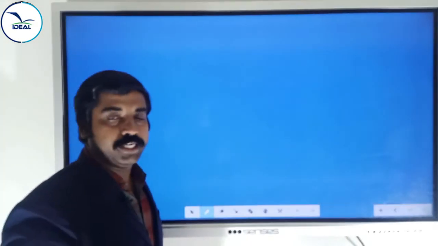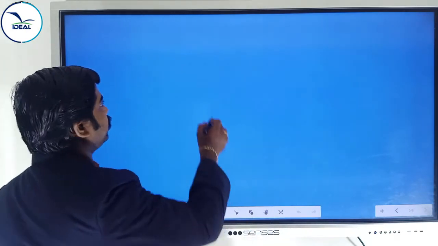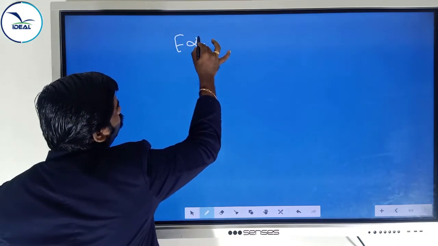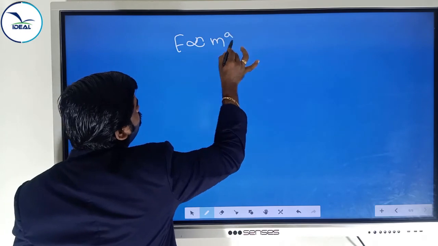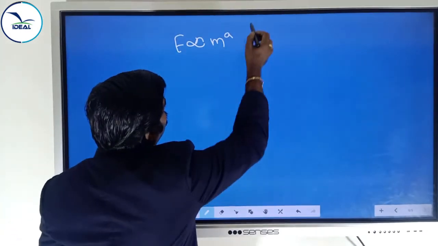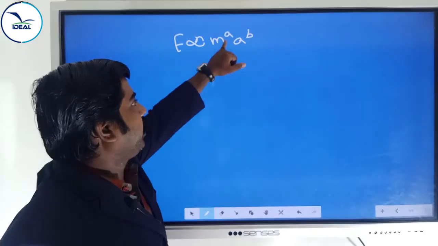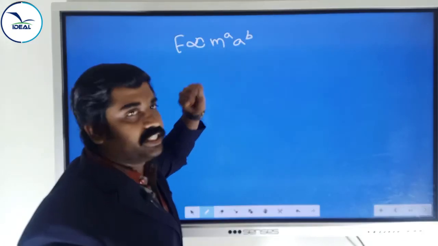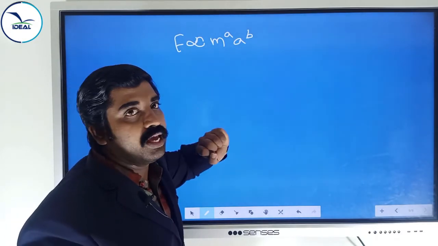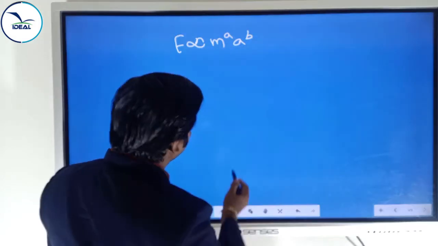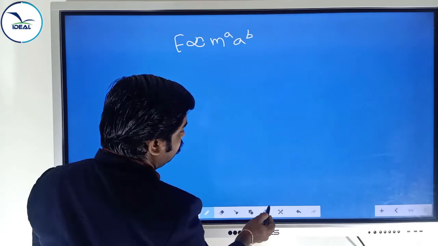Okay, one more question. We want to find the relation F equals ma. How is it possible? We can consider that force depends on mass and acceleration. If we put a and b like this, there may be some confusion because this is also a and this is also a. So I am changing the variables a and b to x and y.